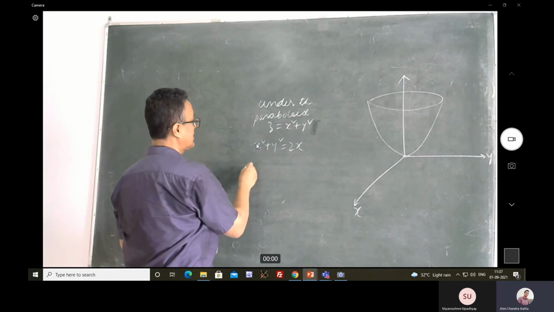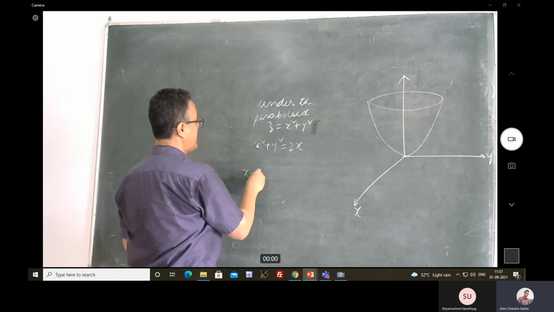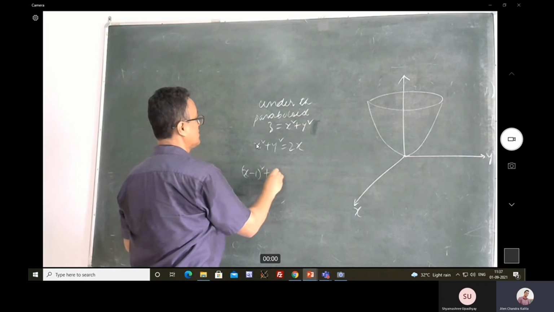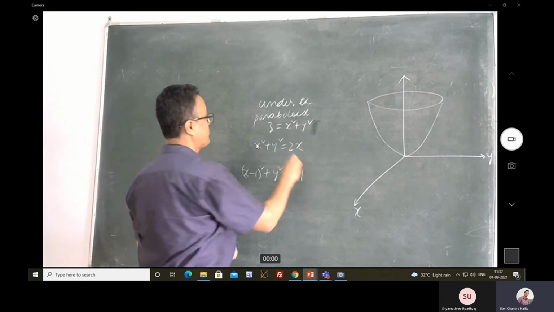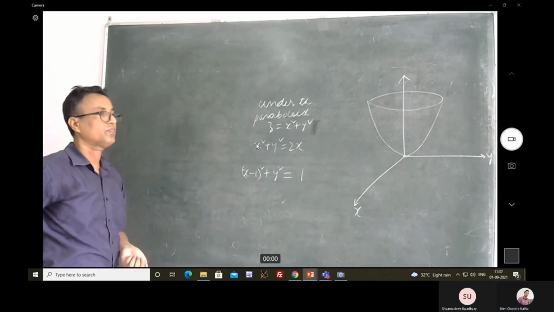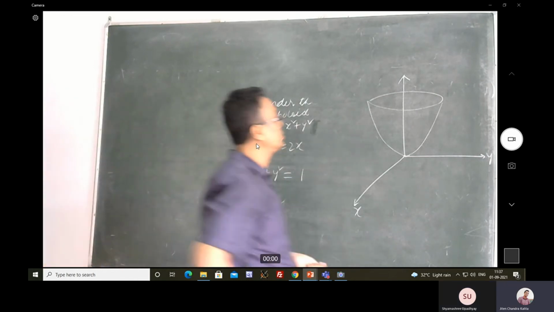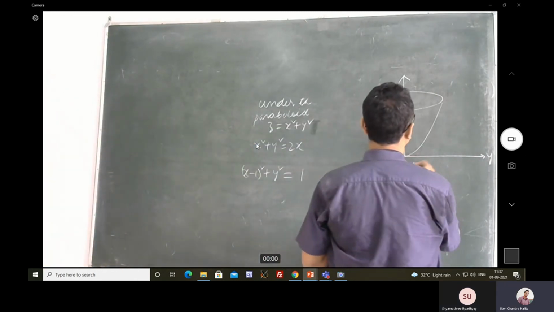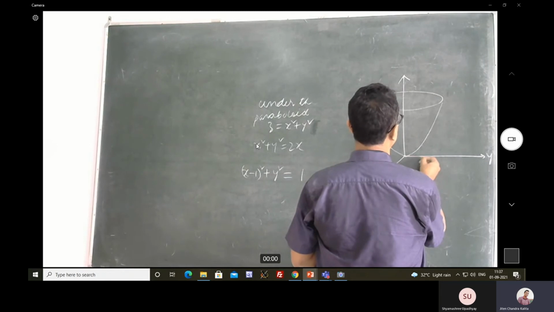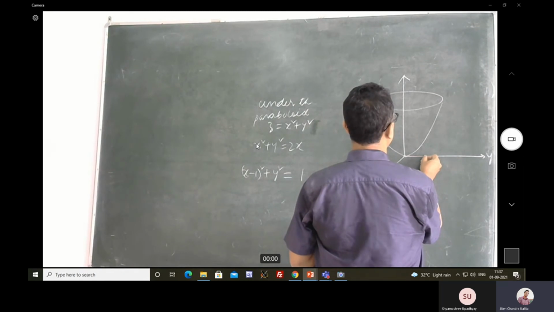If you look at this cylinder, it is nothing but x minus 1 whole squared plus y squared equal to 1. Is it okay? Right?